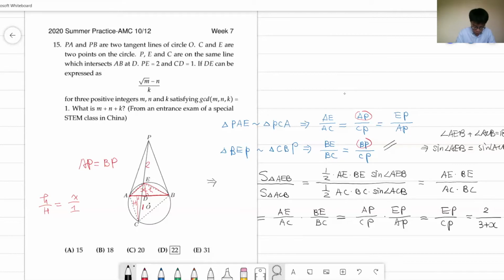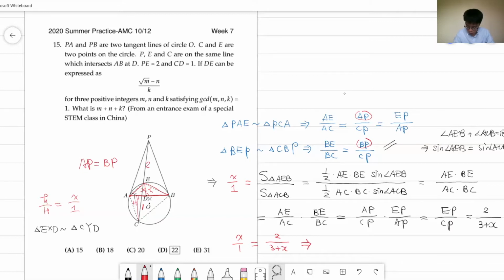If I mark this as X and this as Y, we have similar triangles, right? Triangle EXD is similar to triangle CYD. So the ratio of the heights is equal to the ratio of the hypotenuses, ED over DC, which is X over 1. So that's also the ratio of these two areas. And now we get the equation for X. X over 1 equals 2 over 3 plus X.